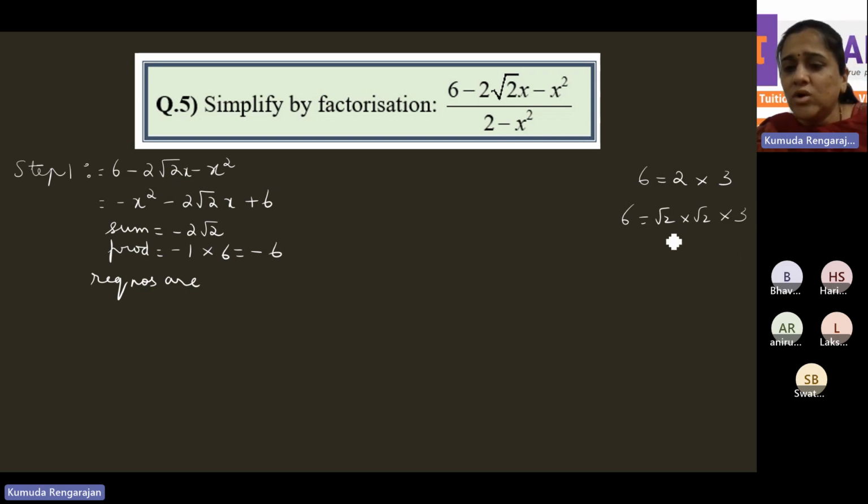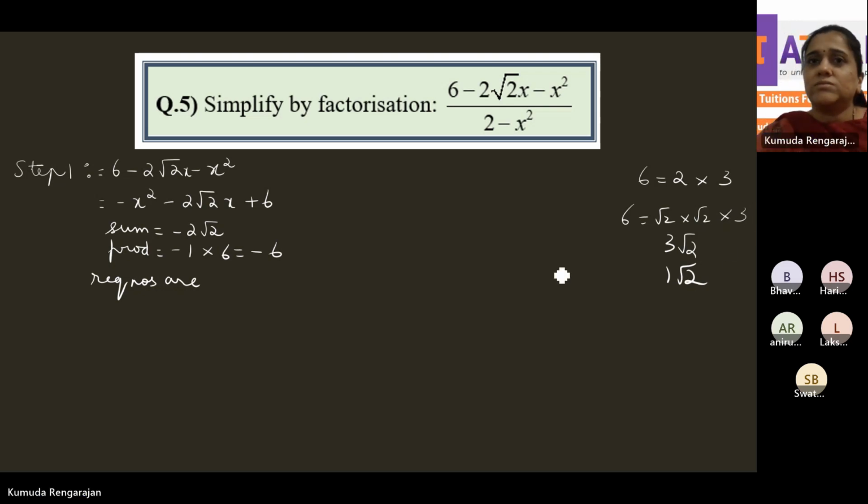So the two numbers, there's no other choice: 3 root 2 and 1 root 2. The sum should be minus 2 root 2, and when you multiply, you must get minus 6. That you will get.